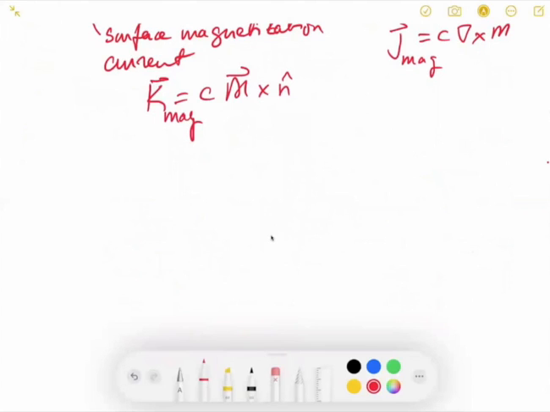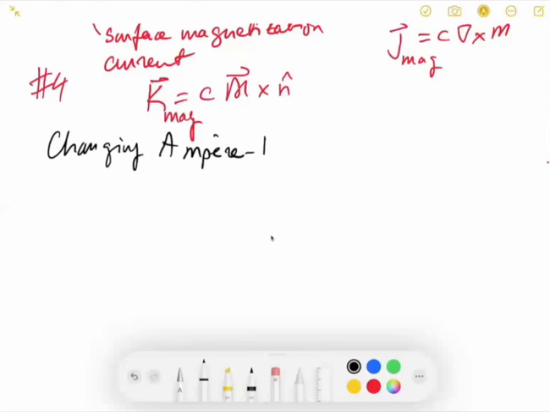All right. So then what do we get? This is our number 4. Inside the material, we're going to change Ampere-Maxwell.